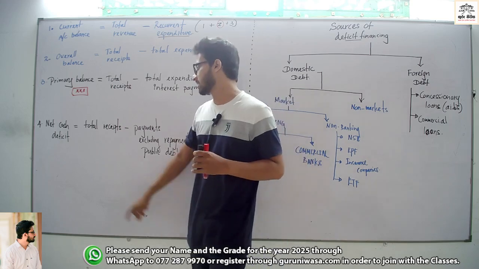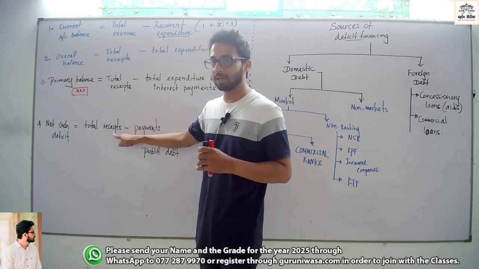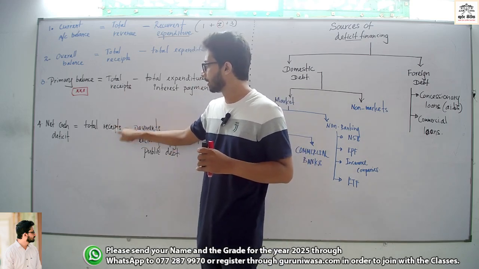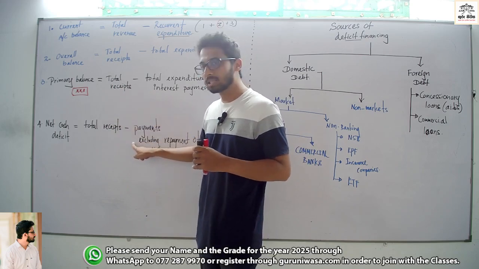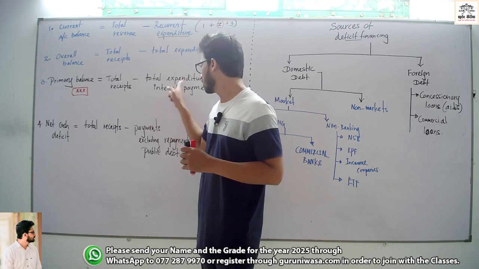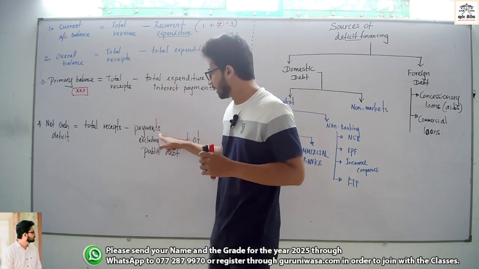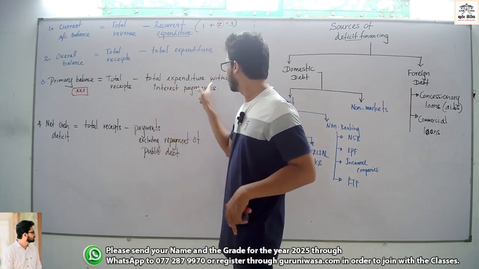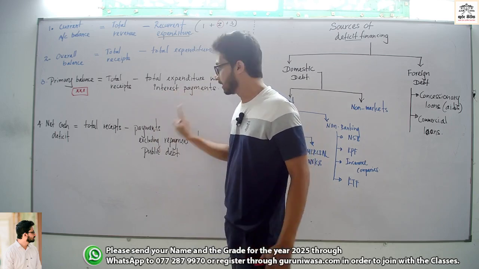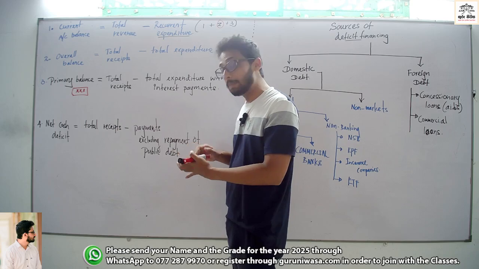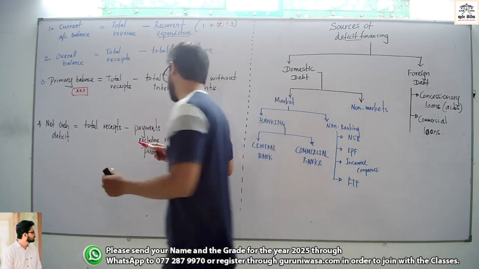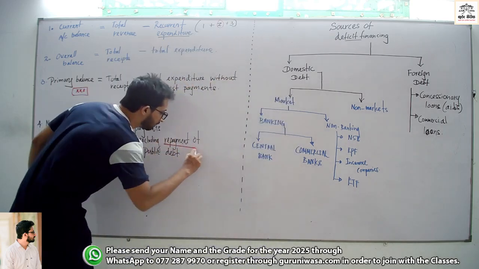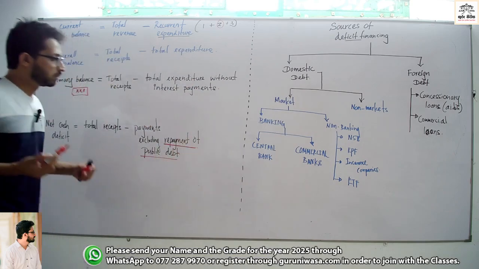Net cash deficit is calculated as total receipts minus total expenditure, excluding repayment of debt.